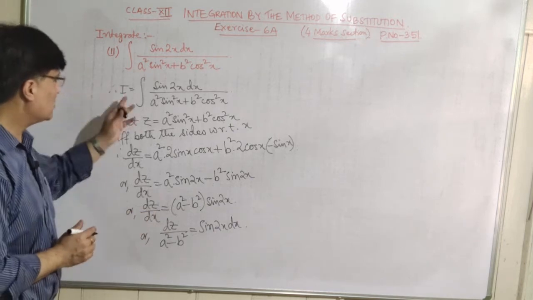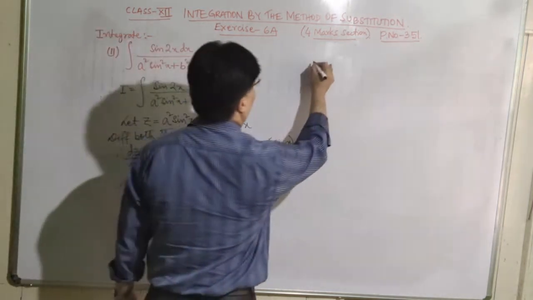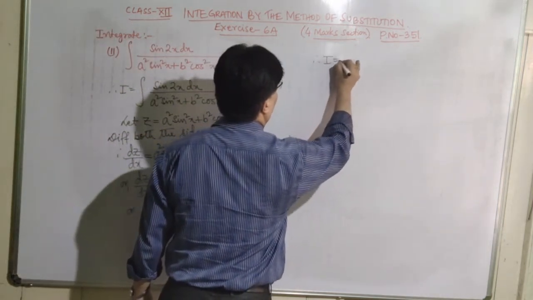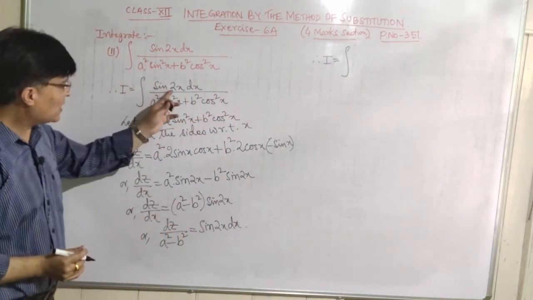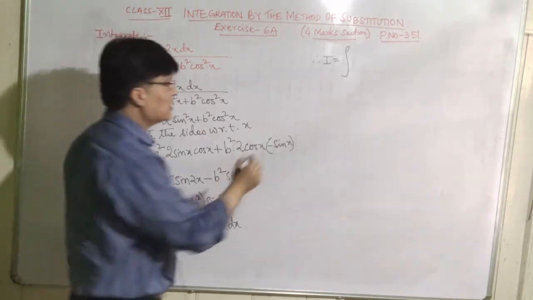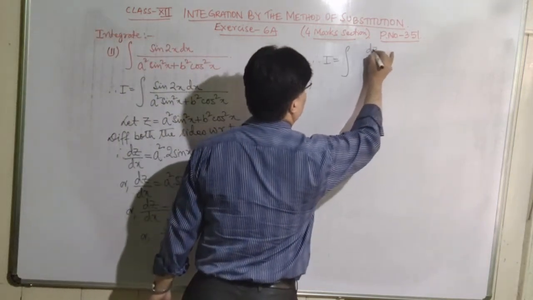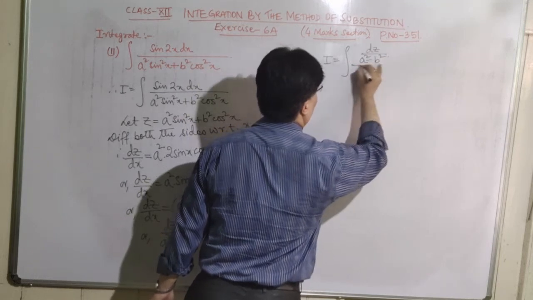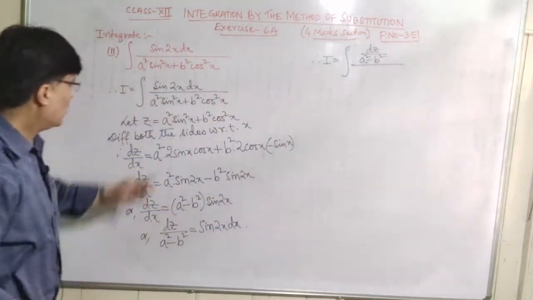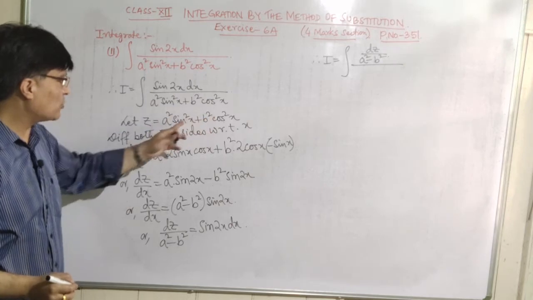So let us put these values in I. Therefore I is equal to the integration of, what is the value for sin 2x dx? It is dz upon a² − b², divided by, what is a² sin²x + b² cos²x?